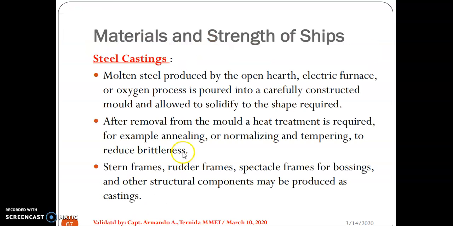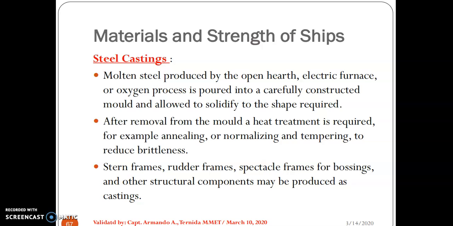Okay, the other one is the steel casting. Molten steel produced by the open hearth, electric furnace, or oxygen process is poured into a carefully constructed mold and allowed to solidify to the shape required. After removal from the mold, heat treatment is required, for example annealing, or normalizing and tempering, to reduce brittleness. Okay, ito yung procedure.